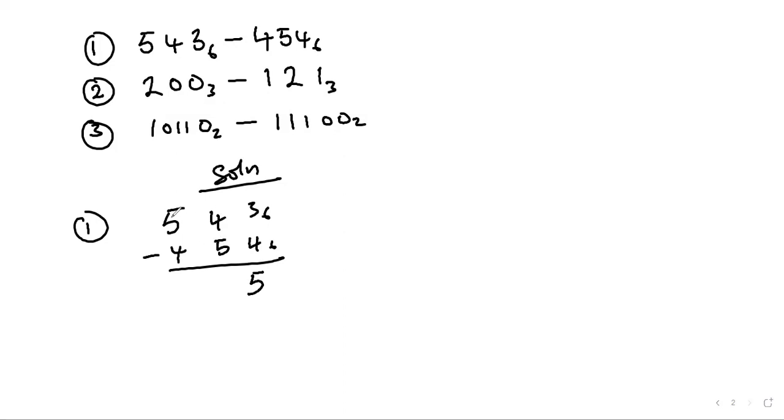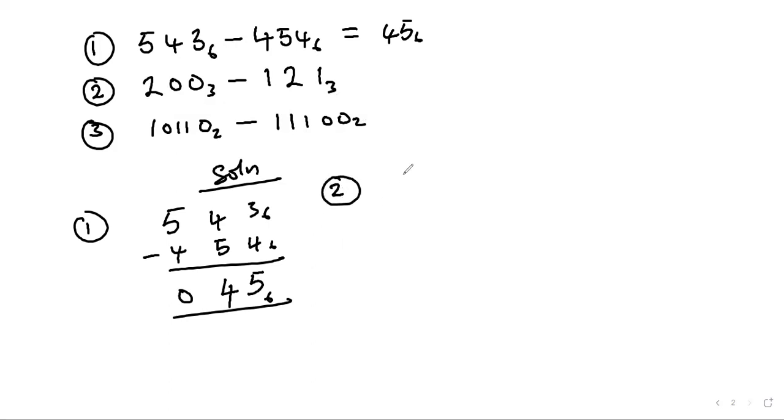You borrow 1 from 5, and that one becomes 6. 6 plus 3 is 9. 9 minus 5 is 4. What is left here is 4. 4 minus 4, 0. Base 6. So this one equals what? 45 base 6.